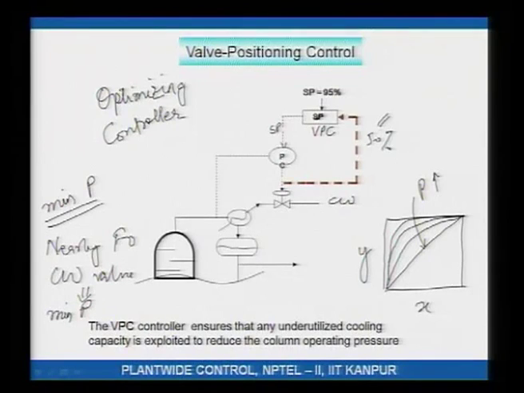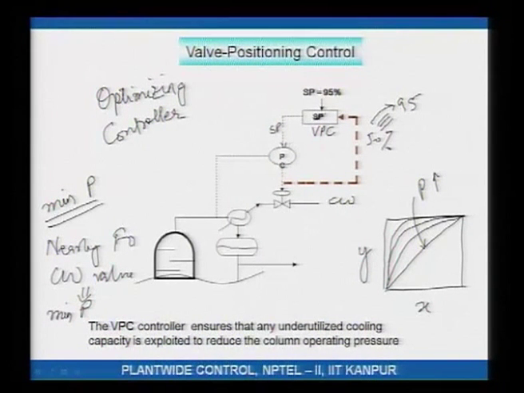Okay. So, as the set point of this pressure controller is decreased, the pressure controller will open this valve, and slowly but surely what was 50% open will approach the set point, so this will go to 95% through the action of the valve positioning controller.